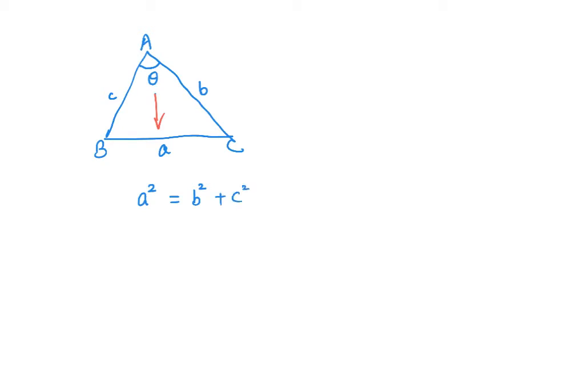And then you need to subtract 2 times B times C times cosine of the angle theta, which is in between side B and side C. This we call the cosine formula.